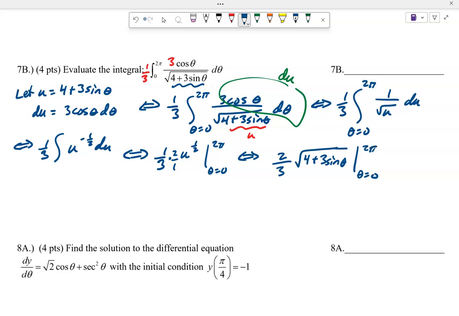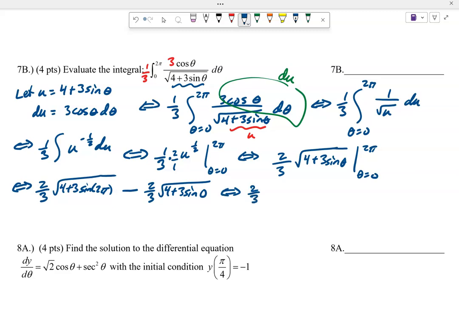So I put it back into thetas so we could plug that in. So we got 2/3 square root of 4 plus 3 sine of 2 pi minus, now we plug in 4 plus 3 sine of 0.